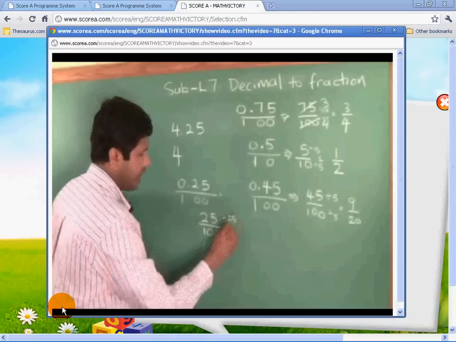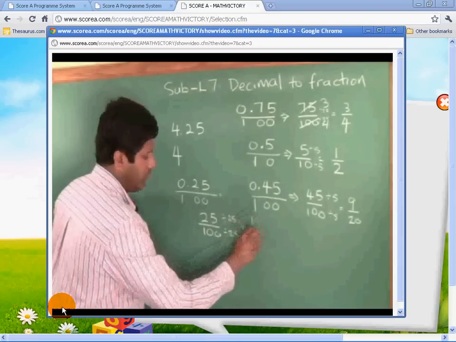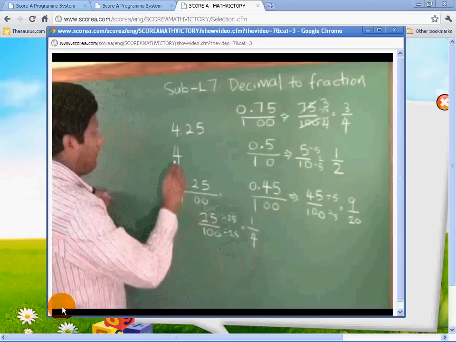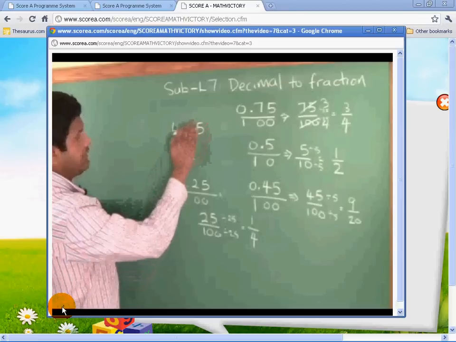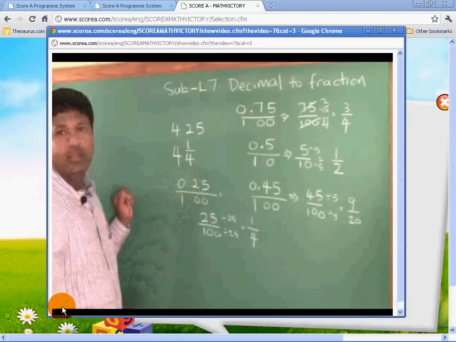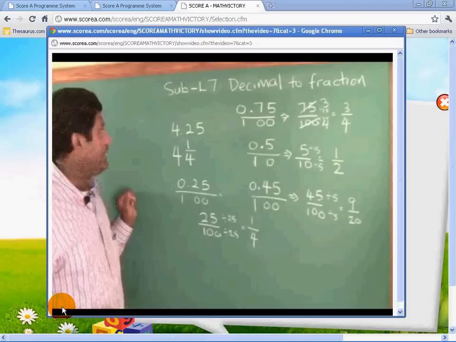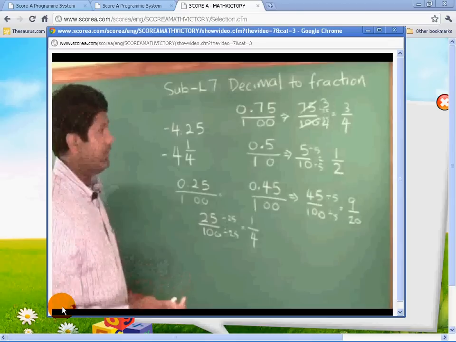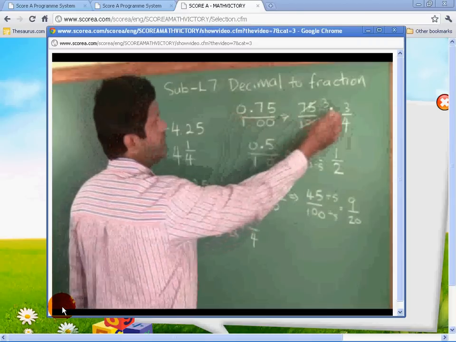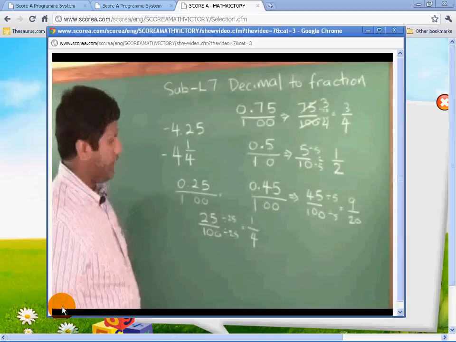So this one divided by 25, this one divided by 25 gives me 1 over 4. Then I bring it back here, 1 over 4. This 4 right there is the one we changed into a fraction. It's not bad, isn't it? Now remember, if it's a negative, just put a negative right there and carry it on. Same thing, if it's a negative here, just carry the negative there. It's not bad, right?